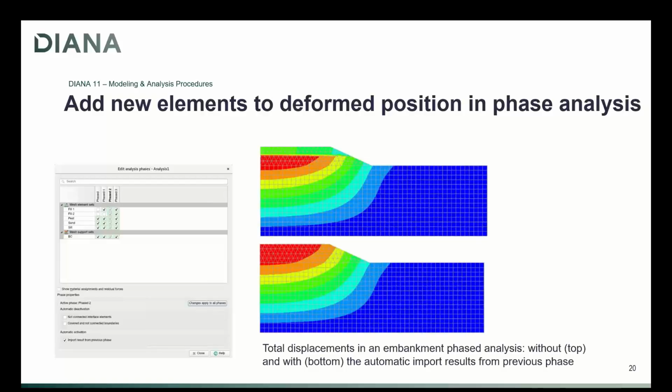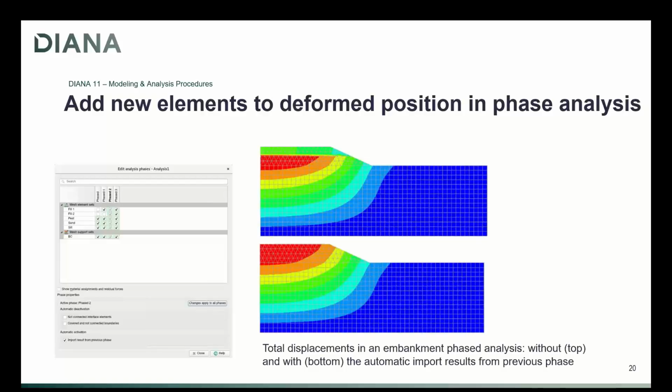Generally, if we add new elements on top of existing elements, then only the nodes that are common get the deformed position, but the other nodes of the new elements are in their original position. That makes the deformation pattern quite strange.